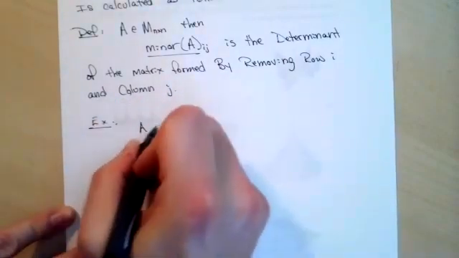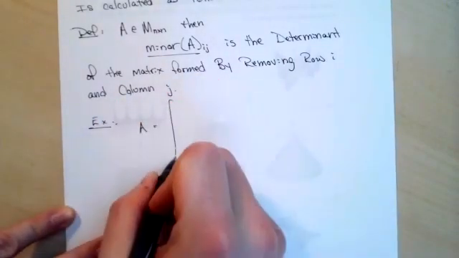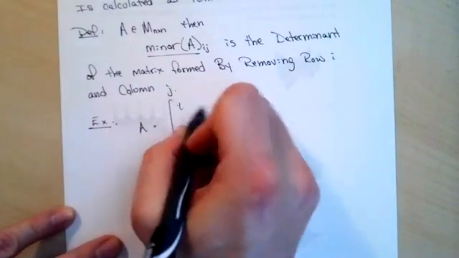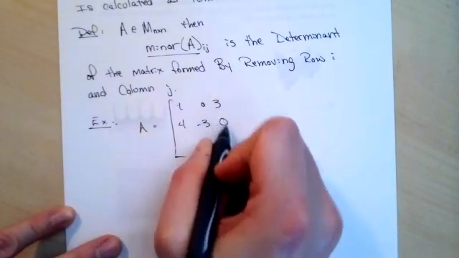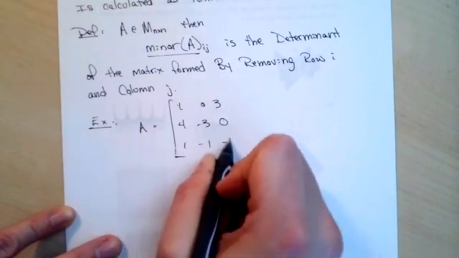But for example, if we have a matrix, let's use a 3x3 now. 1, 0, 3, 4, minus 3, 0, 1, minus 1, and minus 1.